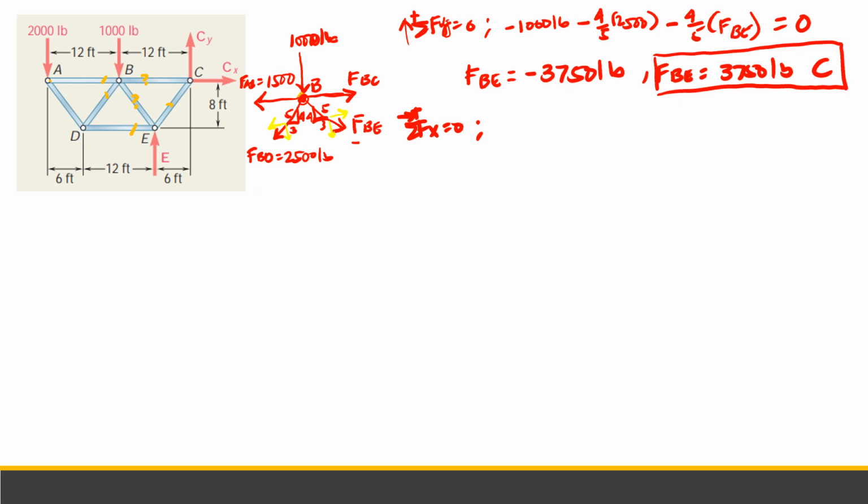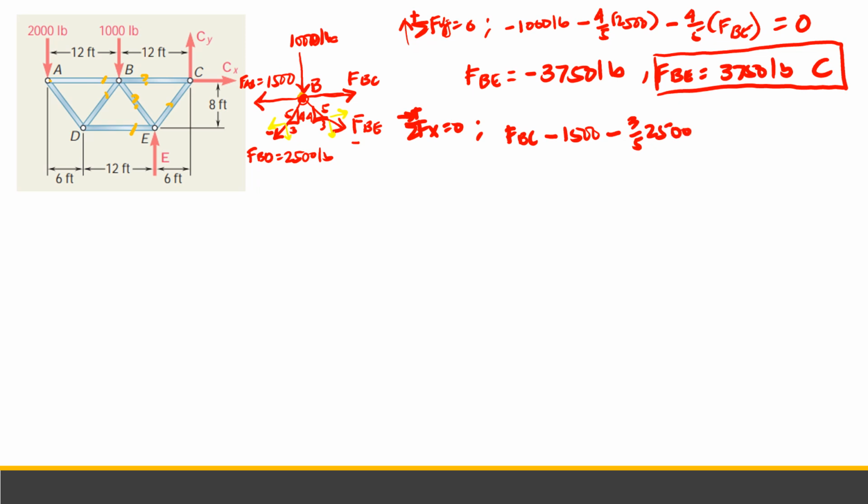So first is FBC, positive, minus FAB, which is 1,500 pounds, minus, so first ito, yung X component ng FBD is negative kasi downward yung FBD, so negative pa, left yung X component niya. So that is 3 over 5 using the slope, 2,500 pounds.